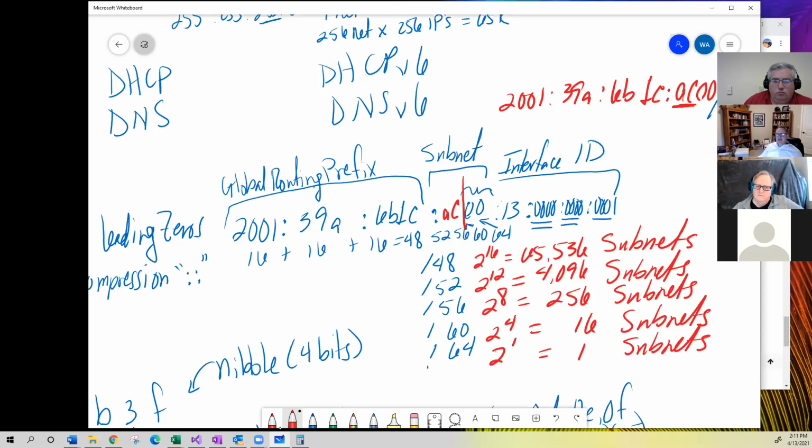So for St. Martin's, he doesn't need one massive subnet of 18 quintillion. He wants to subdivide it. So 16 is too few. He's got to go to at least a /56 or higher for St. Martin's. So he would request maybe a /56 and get 256 subnets. Every subnet of those 256 that he creates always has 18 quintillion IP addresses to utilize. So he's never going to run out of IP addresses on every subnet.